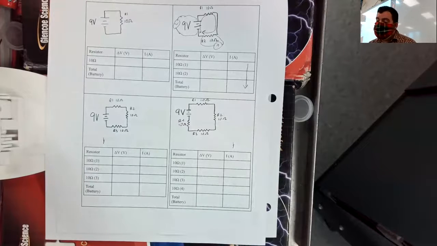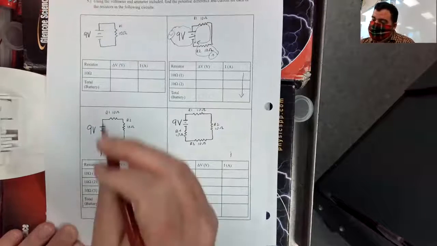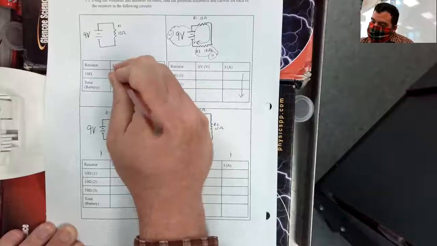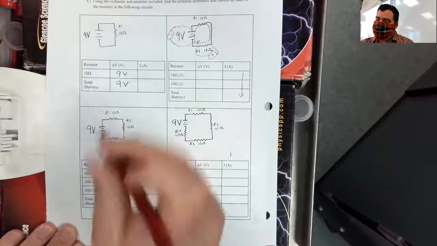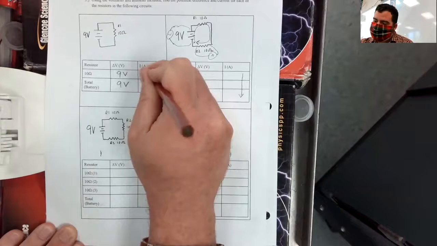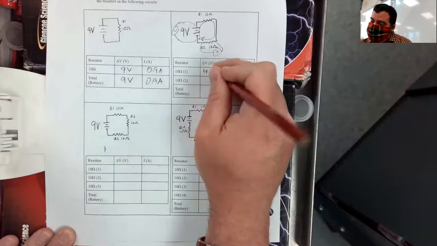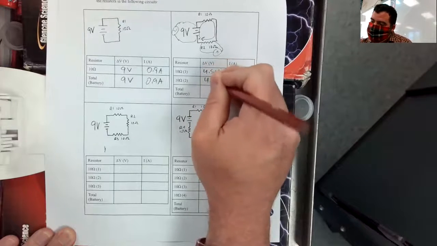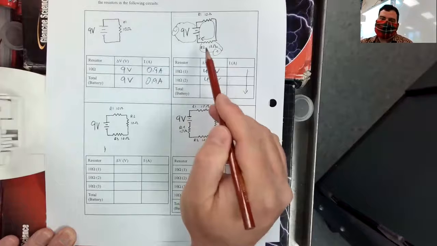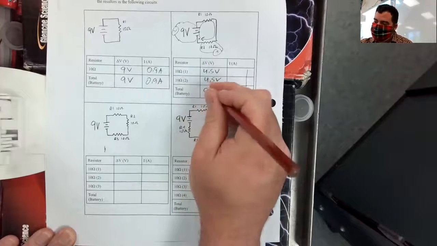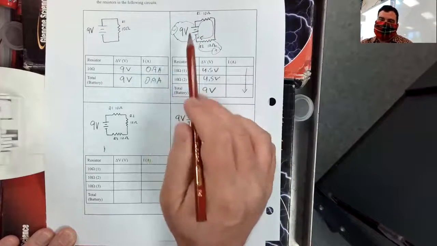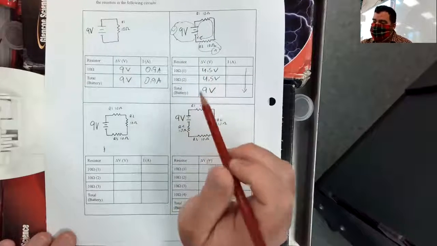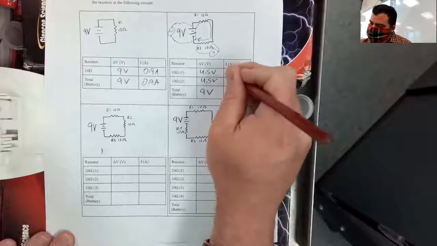So just really briefly, I'm guessing that you saw a 9-volt potential difference across the battery and a current of 0.9 amps. I think you saw the 2 resistors having to share the total 9 volts, but still only one current throughout everything, which was 0.45, is that right?